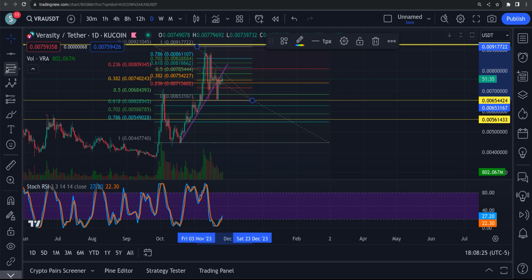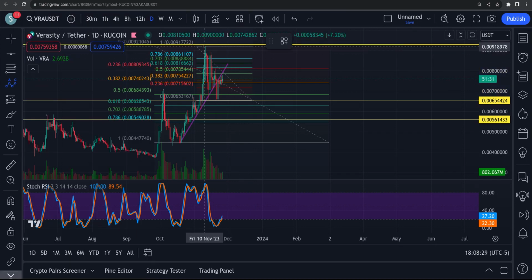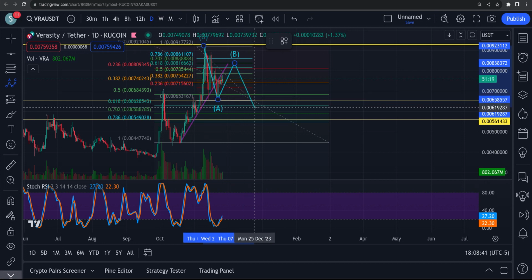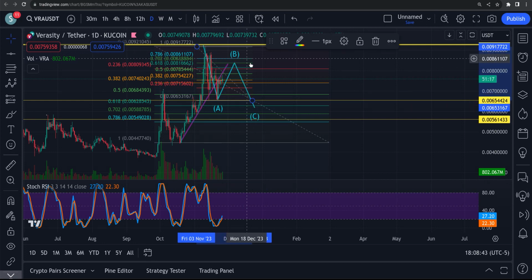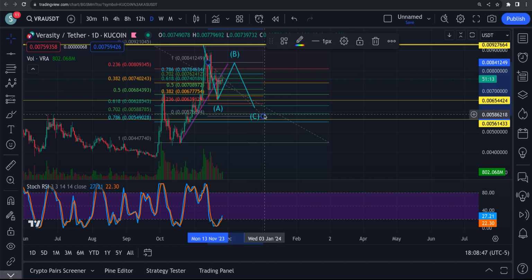It would end up looking like this if this turns into an ABC. If this runs back up to the 702 at 0.0083 and does not get through it, the C leg would end up coming down to there.